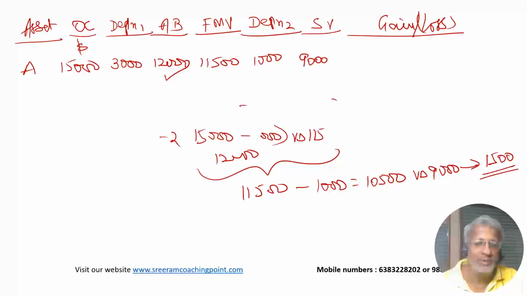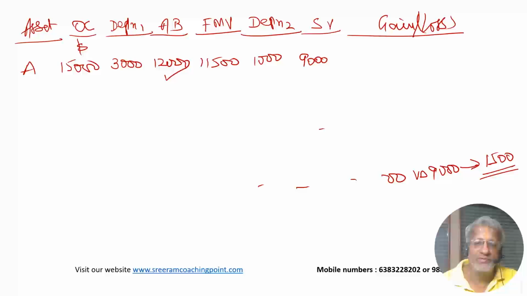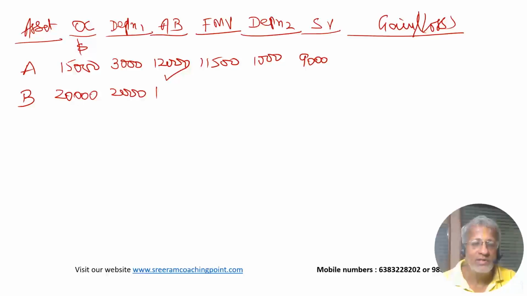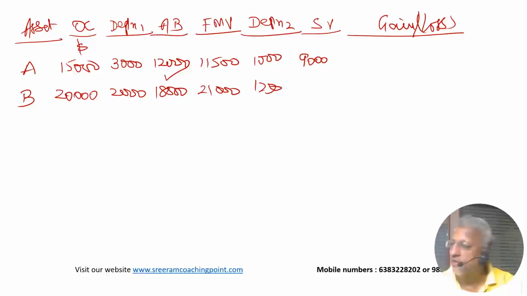This is asset B, and it is $20,000, depreciation of $2,000, adjusted basis being 18,000, and 21,000 as the fair market value. Post-conversion depreciation is 1,250, and the sale value is 24,000.